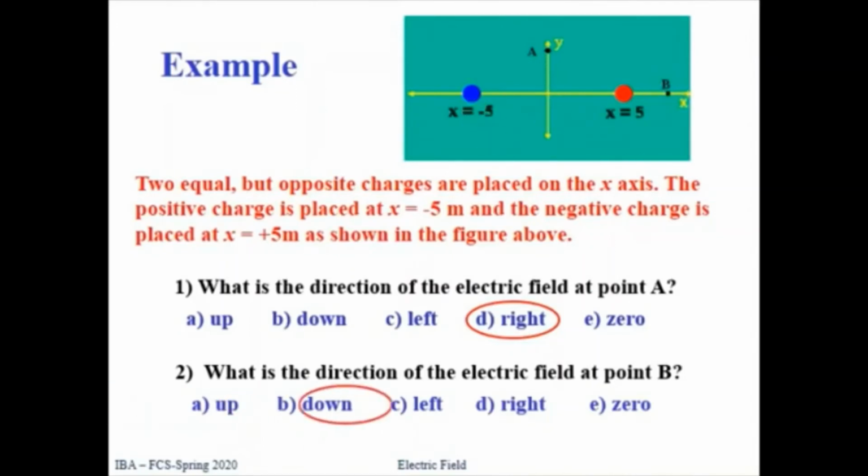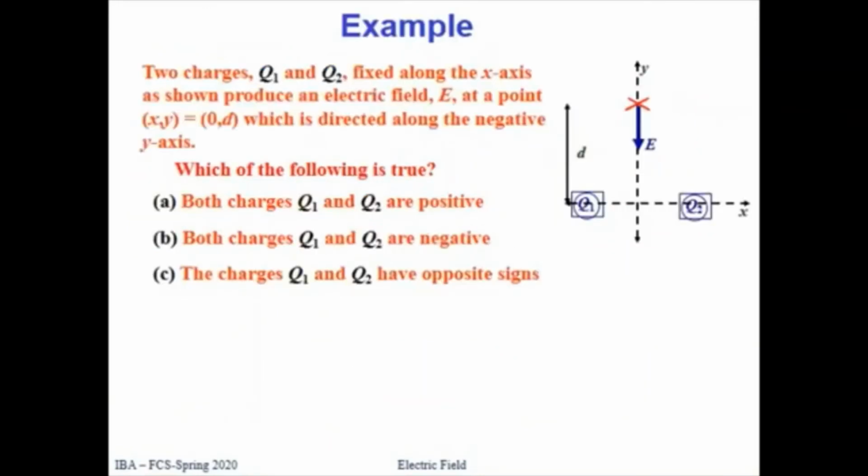So your answer would be left in this case. Now again, in this case we need to find a direction, but keep in mind we have two charges, so in order to find the direction at this point, we first use the superposition principle.